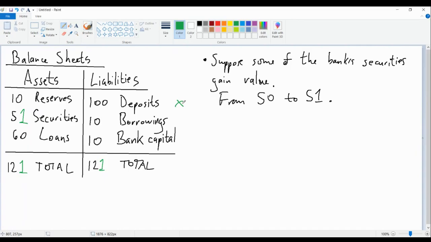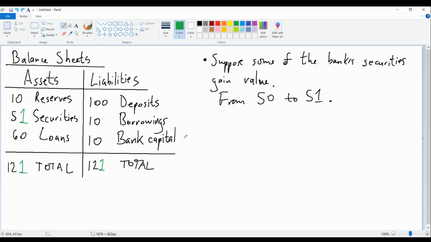No. All that happened was that some securities gained value. So that doesn't change. Did the bank just go out and borrow a bunch of funds? No. Just some securities gained value. So it's not the borrowings either. It must have been the bank capital that gained value.